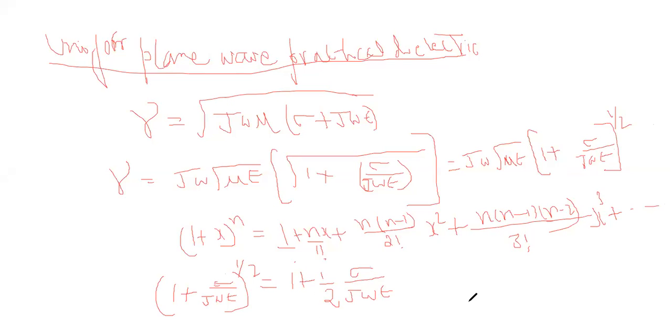Neglecting the higher order terms, it is multiplied with the j omega under root of mu epsilon.